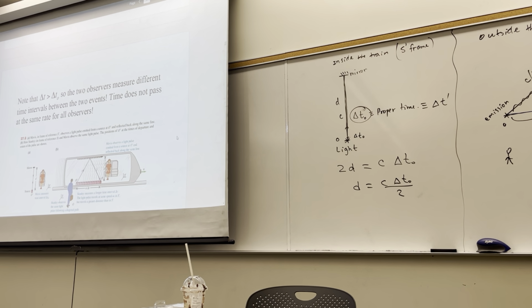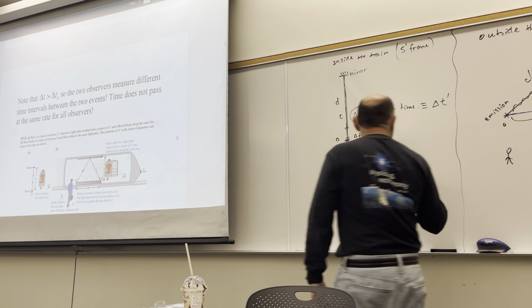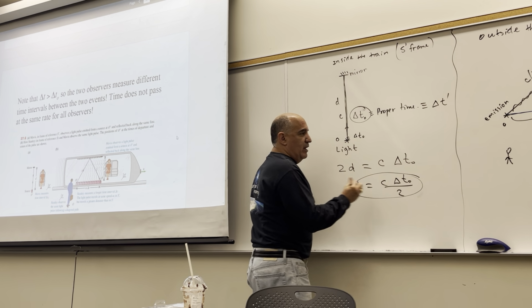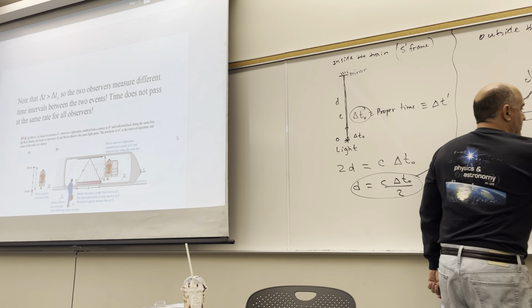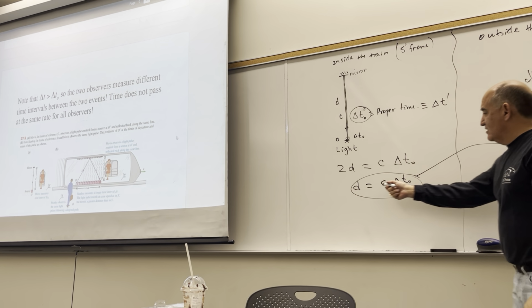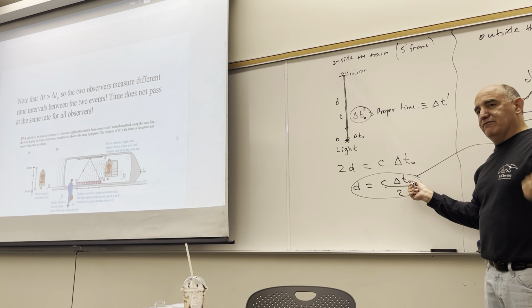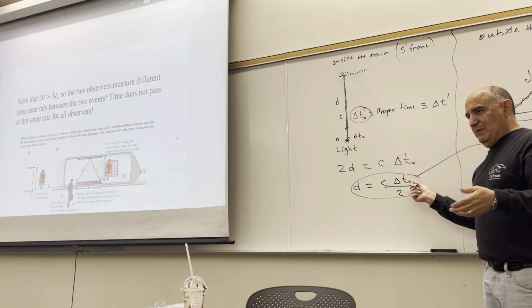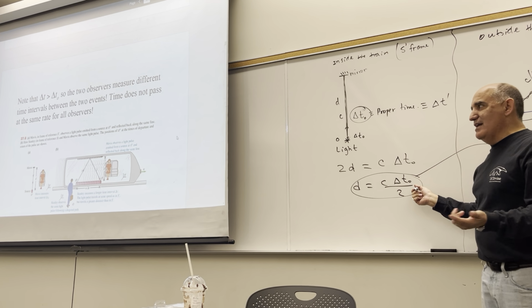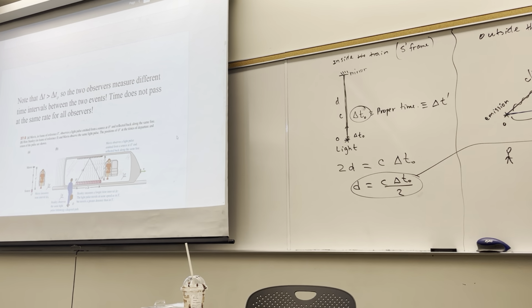That's Pythagoras theorem. This squared has to be this squared plus this squared. Now, I have an expression for d. So now I can take this d, plug it in here, and express that distance d in terms of the time that's passing by someone inside the train.